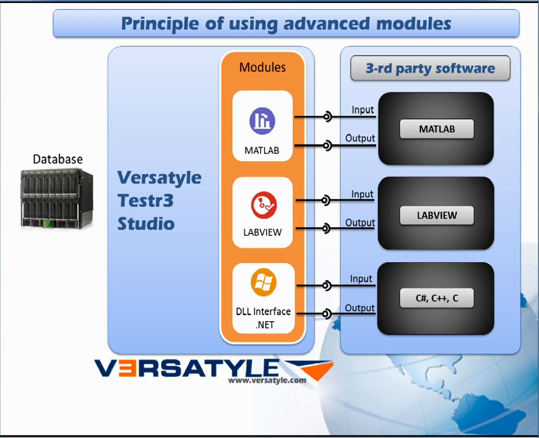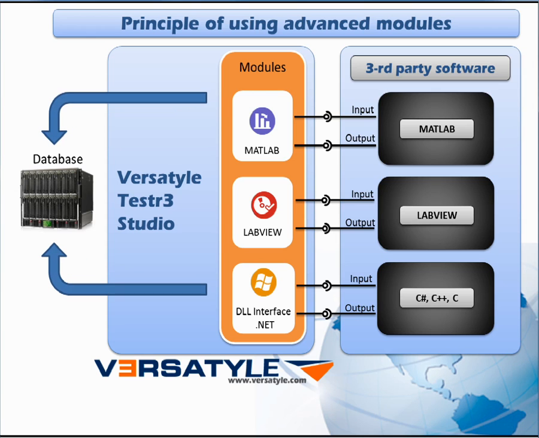Versatile LabView modules communicate with LabView software. And finally, Versatile DLL software communicates with any script and programming language such as C#, C++, and C. And the extracted results are sent to a central database.